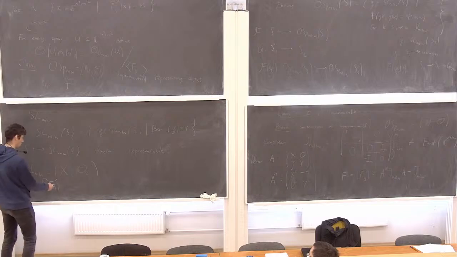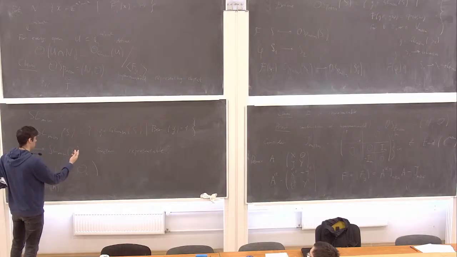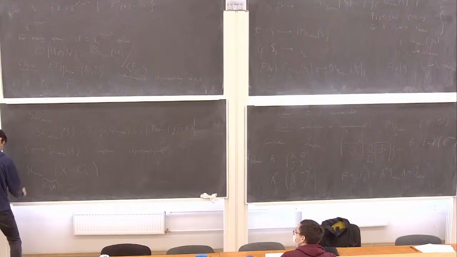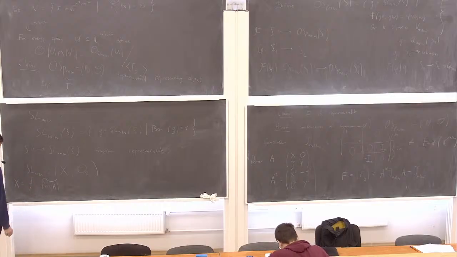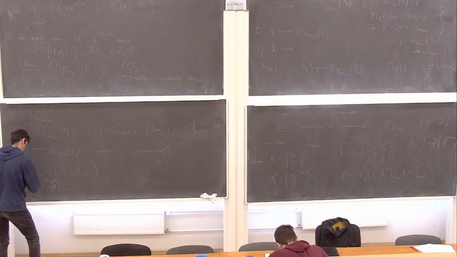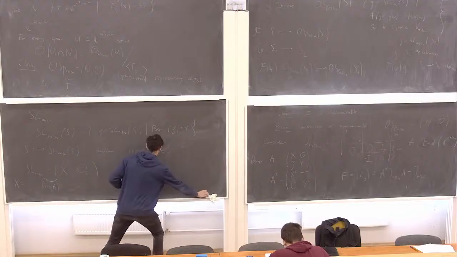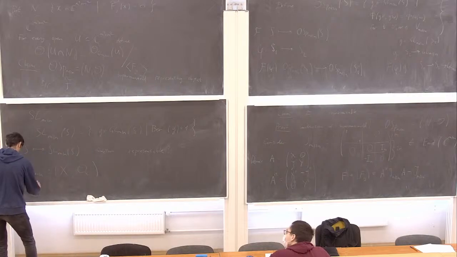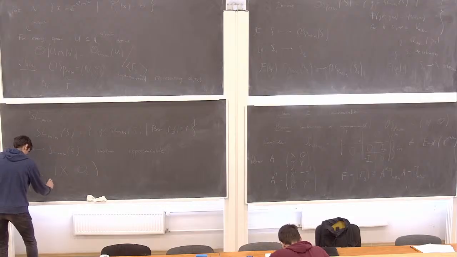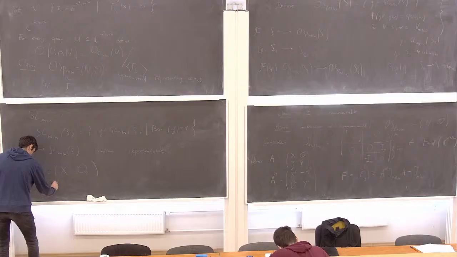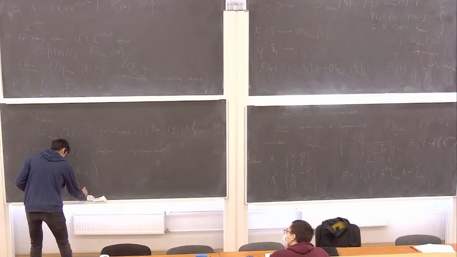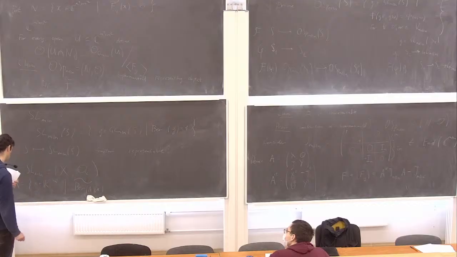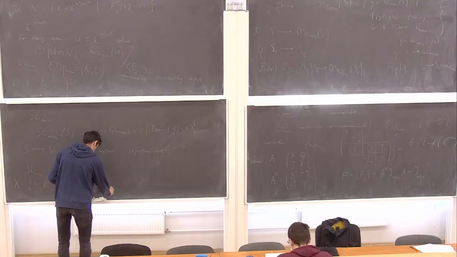Then this is a function on R^{m²+n²}. And X should be all elements x from R^{m²+n²} such that Berezinian of A tilde of x should be 1, right?